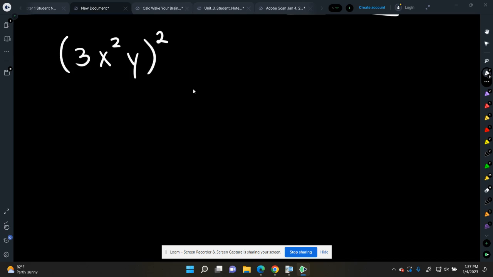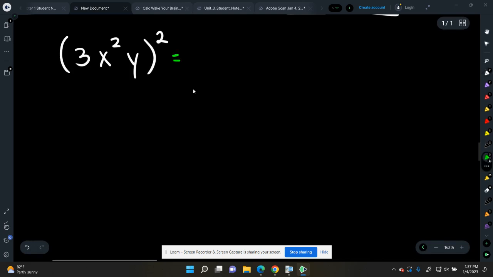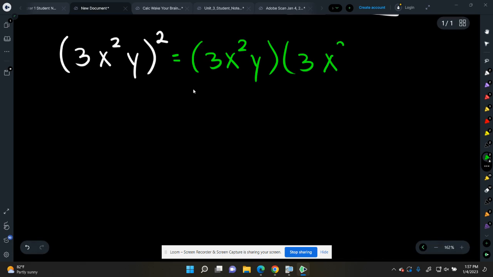Okay. So if something's raised to the second power, what does that mean? Multiplied by itself, right. So this is 3x squared y times 3x squared y.